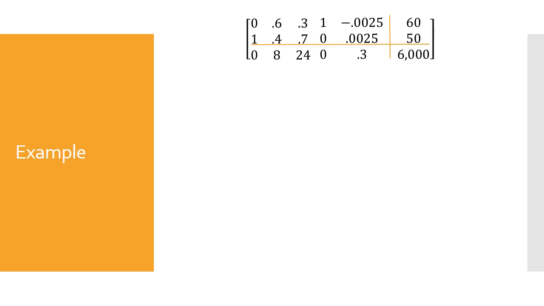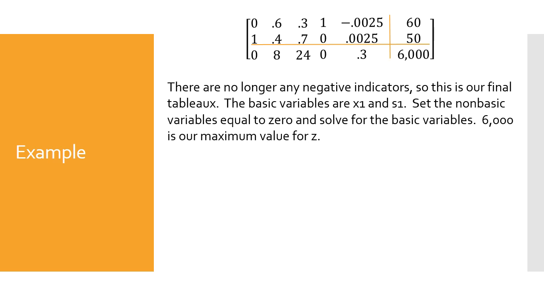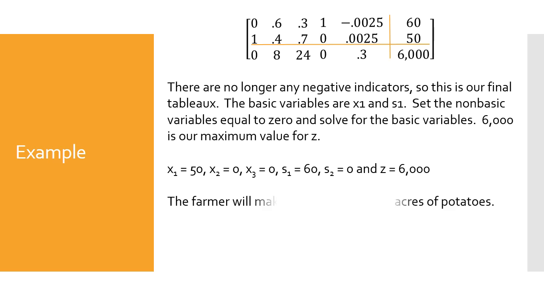The non-basic variables, which would be x2, x3, and s2, will all equal 0. And our maximum for Z is 6,000. So we have x1 is 50, x2 0, x3 0, s1 is 60, s2 is 0, and Z is 6,000.